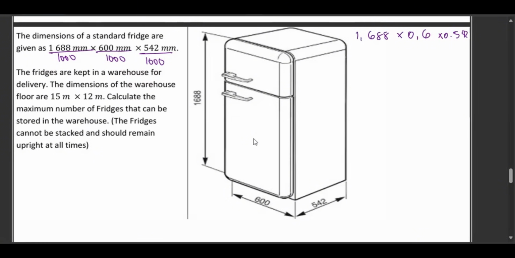So how many will fit on the long side, lengthwise? We shall take the length of the room divided by the length of the fridge. The length of the room is 15, divided by 1,6.